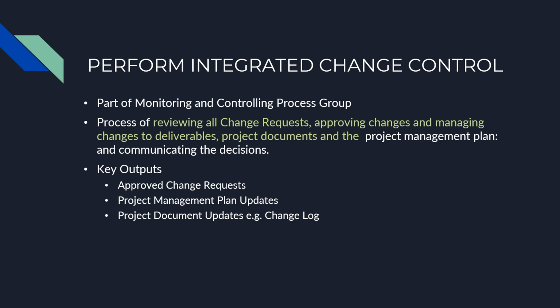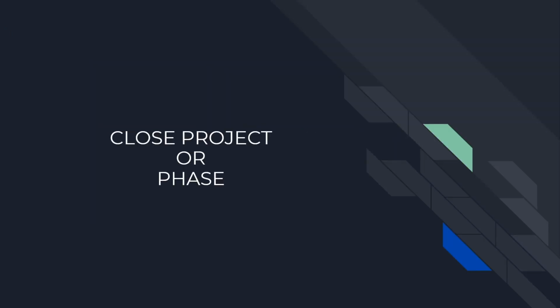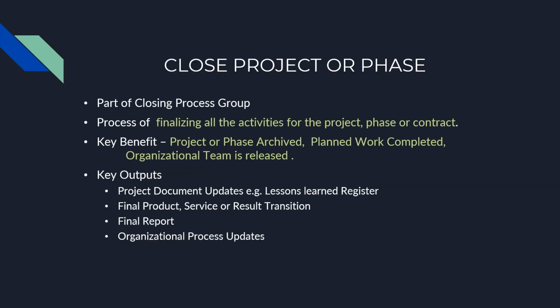The last process in the closing process group is close project or phase. Keywords for close project or phase are finalizing all the activities for the project, phase or contract. The key benefit of this process is that we will be able to know whether the project or phase is completed.